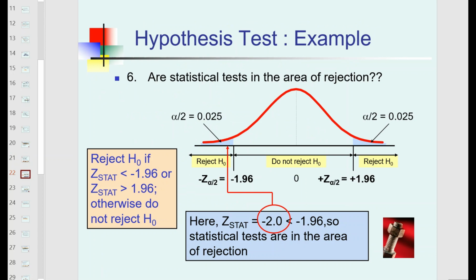So now we want to decide. We look at this graph again. You can sketch it to get a better view, which helps you understand whether to reject or not reject, and which area the value falls into. I mentioned this is the critical value.